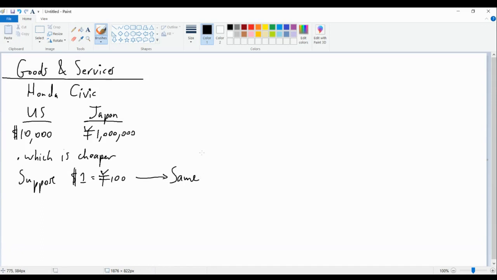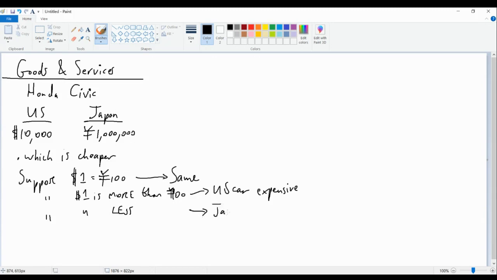On the other hand, suppose $1 is more than 100 yen. Then if I multiplied my 10,000 by this exchange rate, I would get more than 1 million. So that means in this case, the US car is more expensive, and I want to source my cars from Japan. Similarly, suppose $1 is less than 100 yen. Then the US car would be cheaper. The Japanese car would be more expensive.